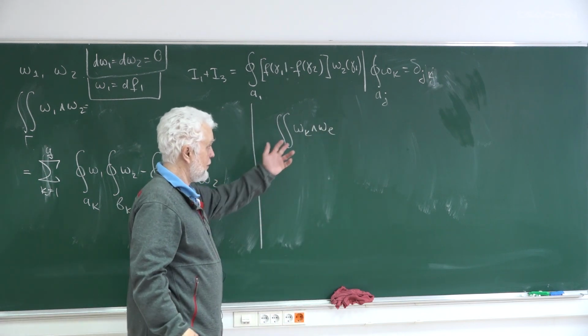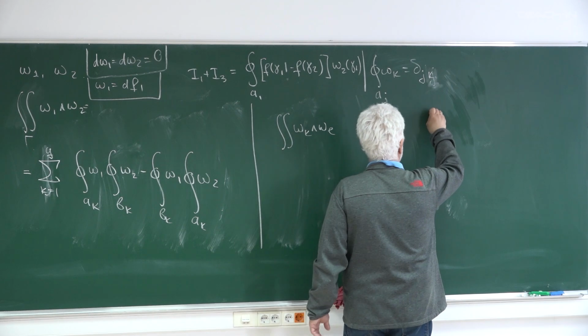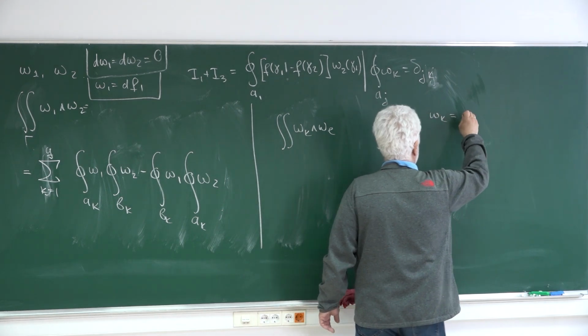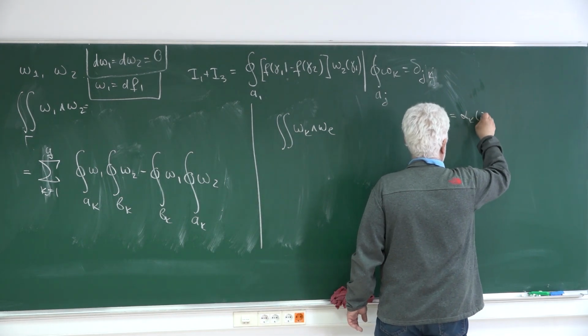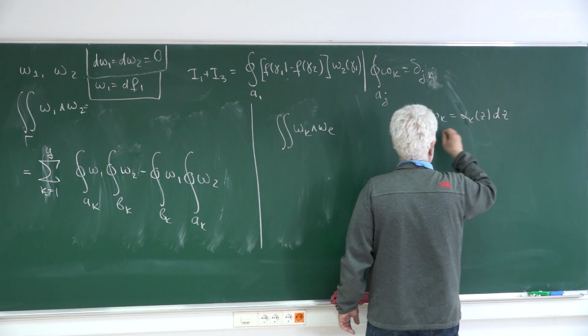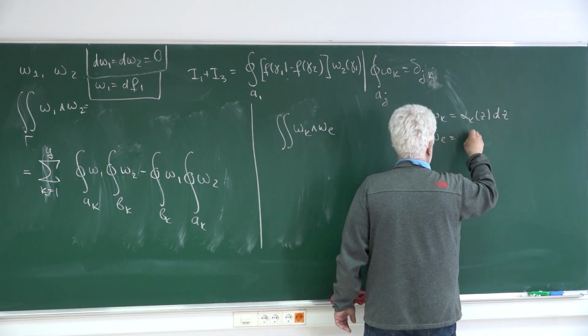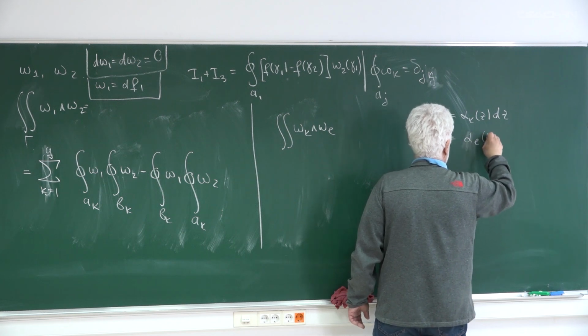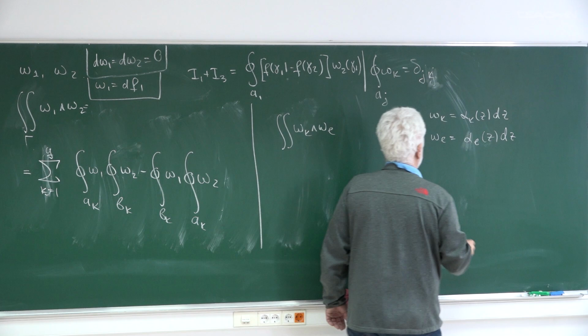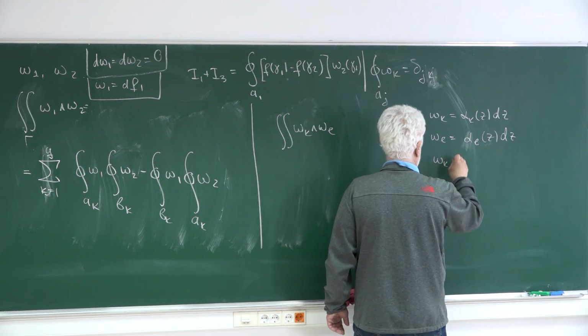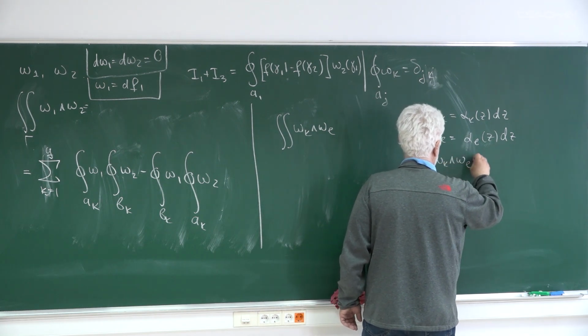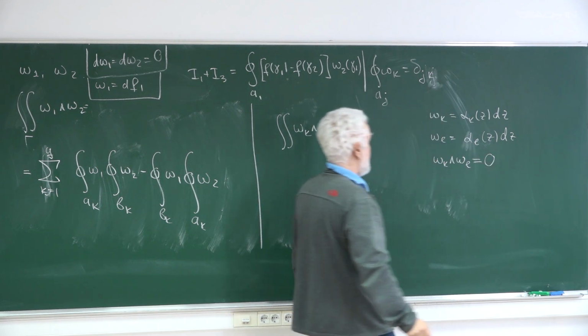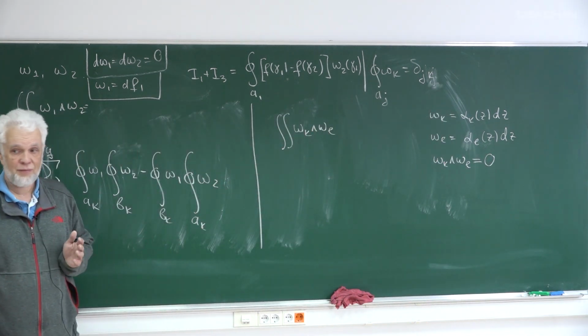In local coordinates, omega_k dz, therefore, is a zero form.